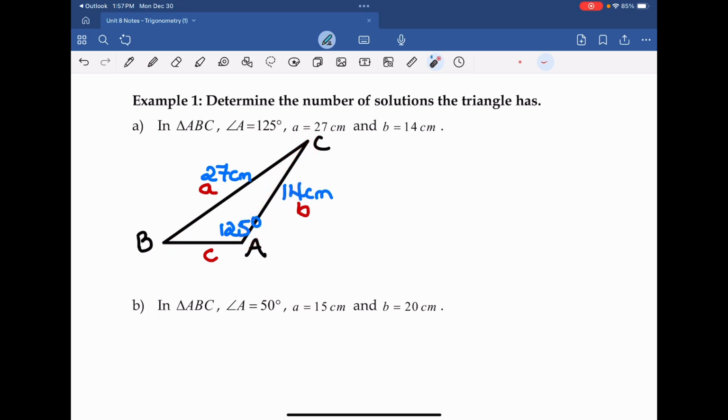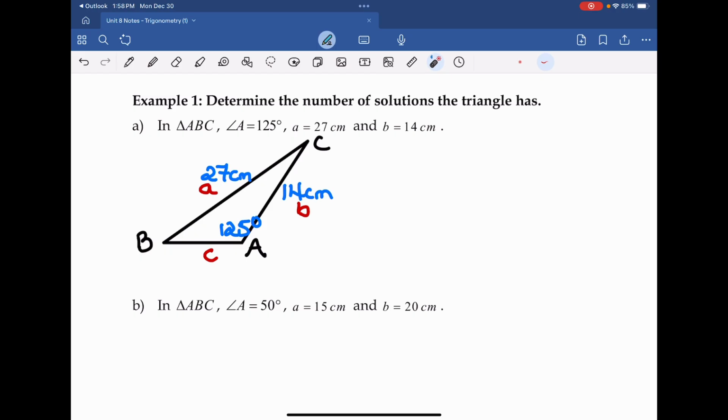If this situation occurs where we have an A that is greater than the B, this means that this can only exist in one pattern. I can't swing this B arm out to a different position such that it would generate this exact same triangle here. This wouldn't exist in that way.